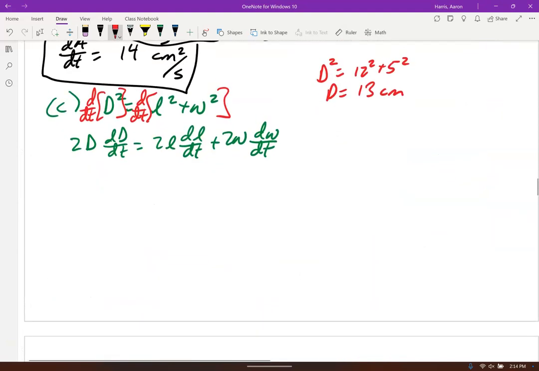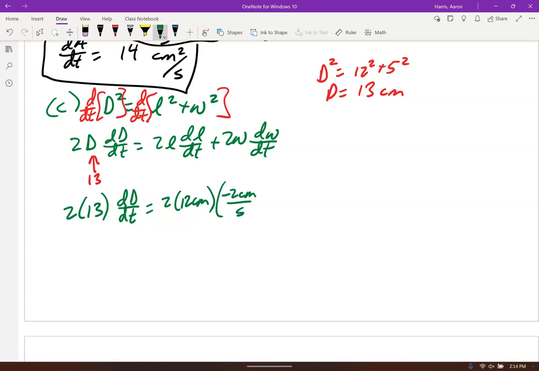So now we can plug that in: 2 times 13. We're solving for how fast the diagonal is changing, dD/dt. Our L was 12, and it's decreasing at 2 centimeters per second. The width at that moment was 5 centimeters, and it's increasing at 2 centimeters per second.